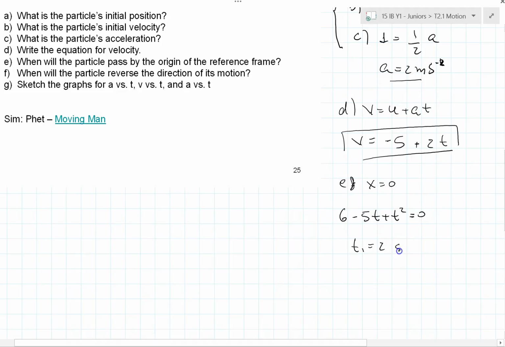T1 is 2 seconds and T2 is 3 seconds, meaning that the particle passes by this position equals to 0 twice.